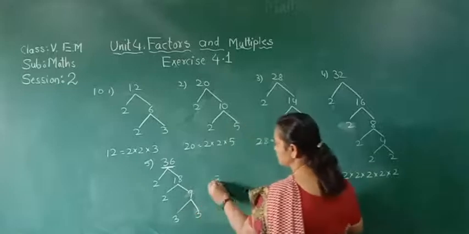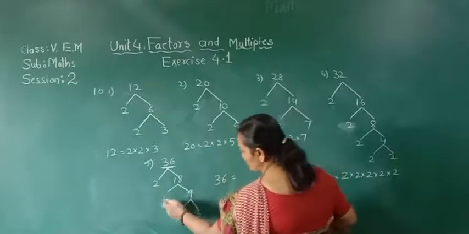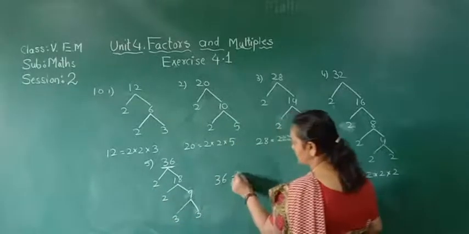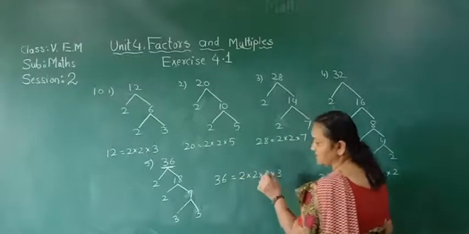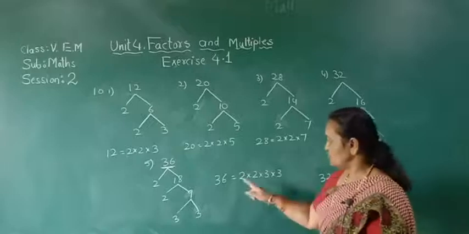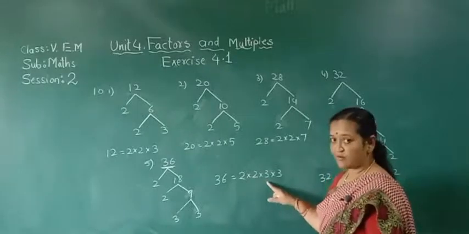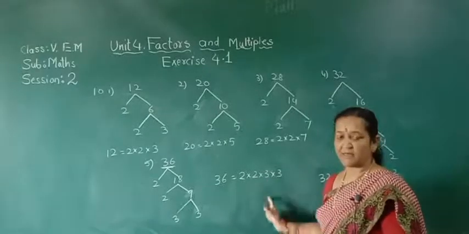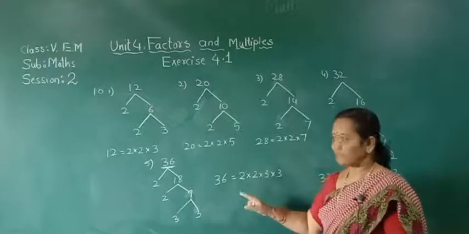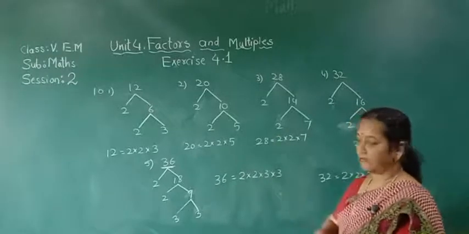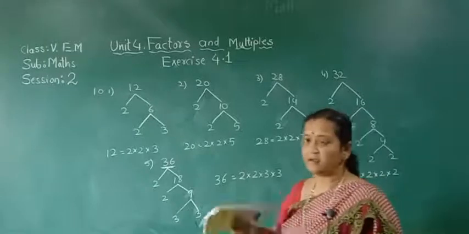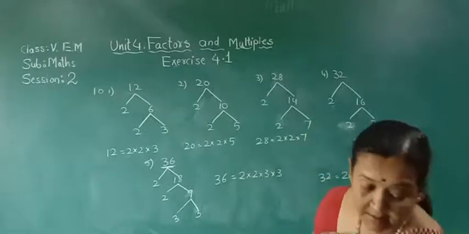So this 36 equals 2 into 2 into 3 into 3. Okay. So here 2 2s are 4, 4 3s are 12, 12 3s are 36. The same multiplication we should get again. So these are the factor trees of the given numbers. Here only one method I have done. You can try it in another way.